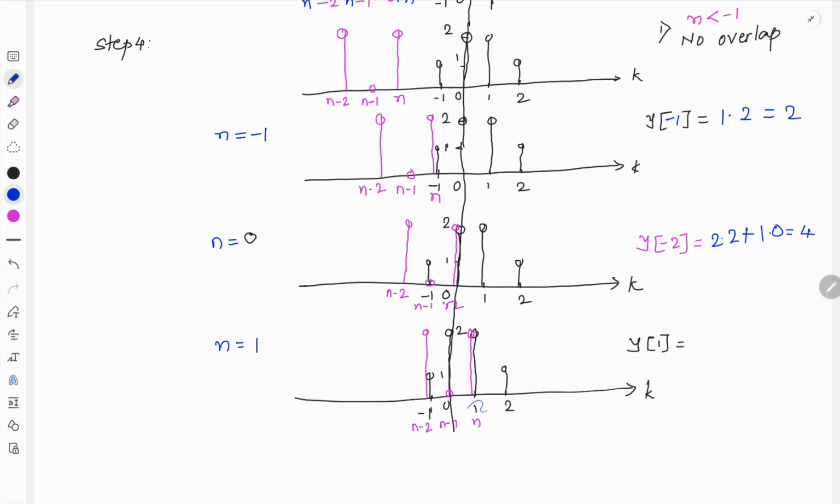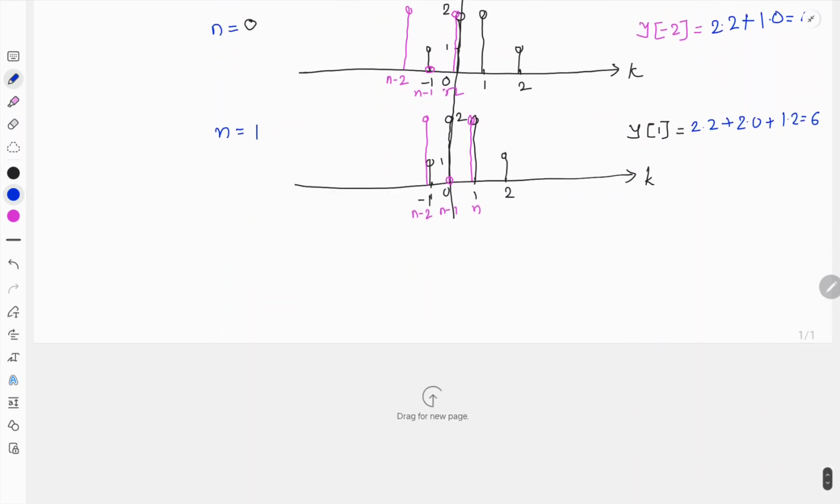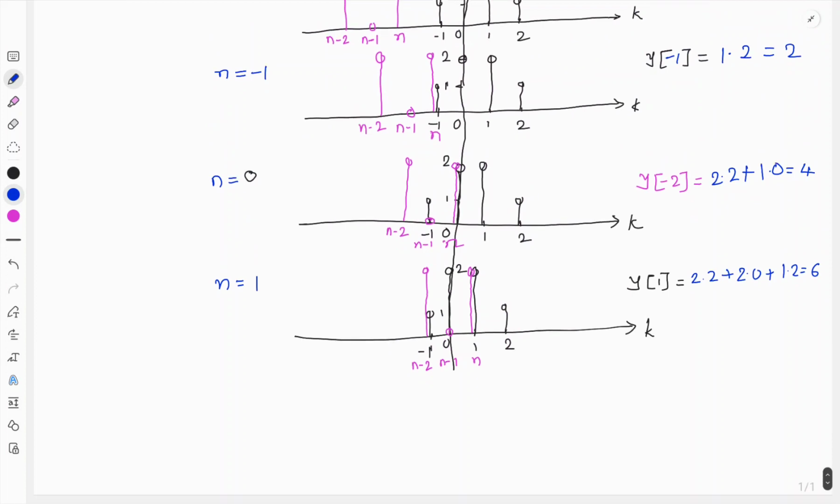Starting from 1, we'll see at 1 both the signals have amplitude equal to 2, so x is 2 and h is also 2, plus the next overlapping samples, x is 2, h is 0, so 2 into 0, plus at minus 1 we have x as 1 and h as 2, so our answer comes to be 4 plus 0 plus 2, it is 6. Similarly, go for the next condition.